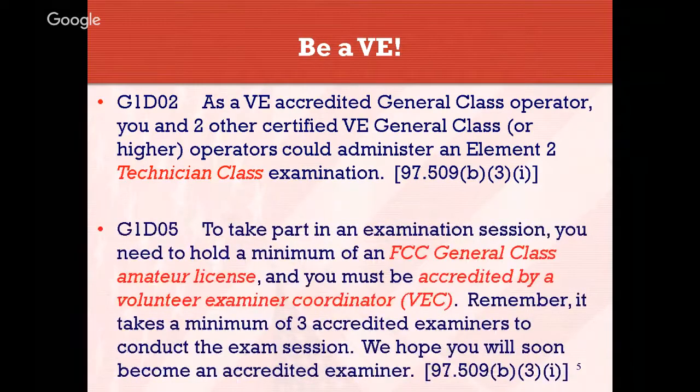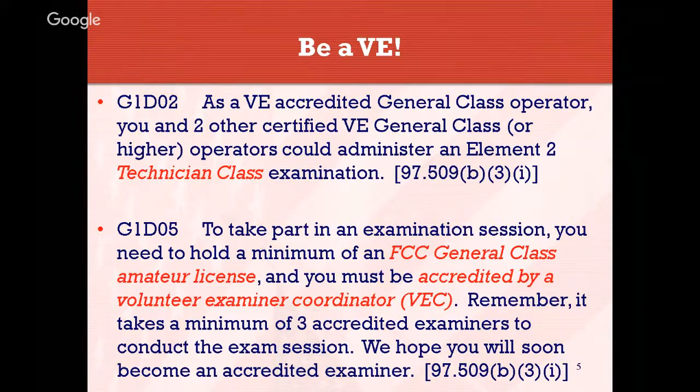To take part in an examination session, you need to hold a minimum of an FCC General Class Amateur license, and you must be accredited by a Volunteer Examiner Coordinator, or VEC. We have the Laurel Amateur Radio Group, which is one VEC group. Also, you can be accredited by the ARRL.